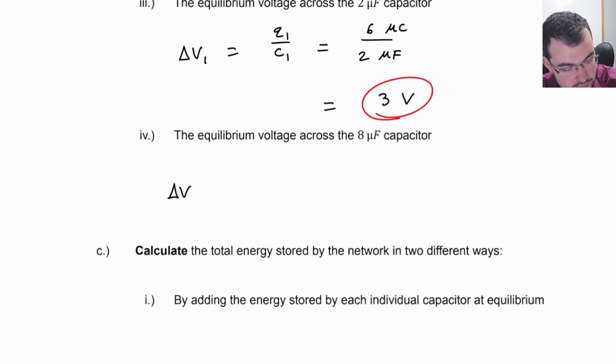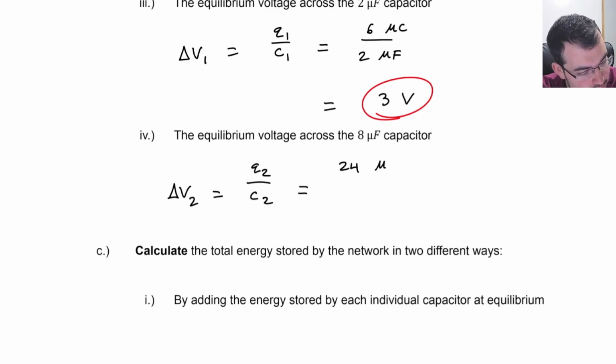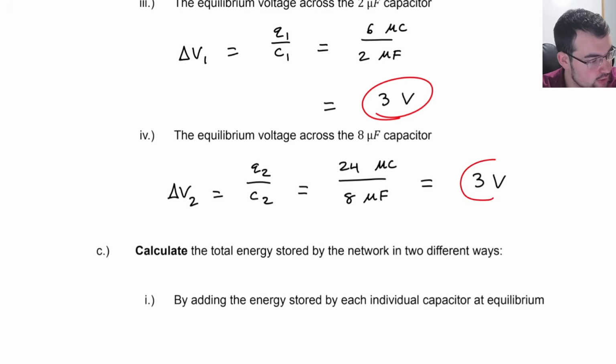Now, for the 8 microfarad capacitor, if we did the problem right, it should match. Now we have 24 microcoulombs for the 8 microfarads, so it makes sense that this works out because we quadrupled the charge in order to compensate for the quadrupled capacitance.